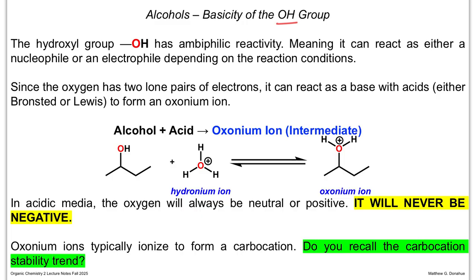So I use this word here, ambiphilic, and that's basically saying that it has both basic and acidic properties. What dictates the outcome is the medium of the reaction. So the first one here, we're going to look at the alcohol acting as a base.